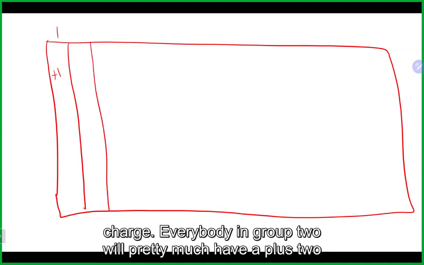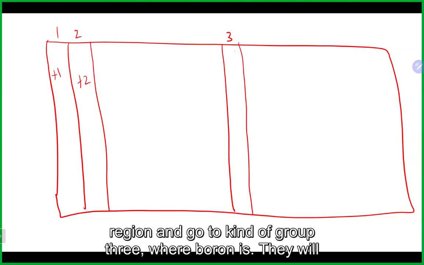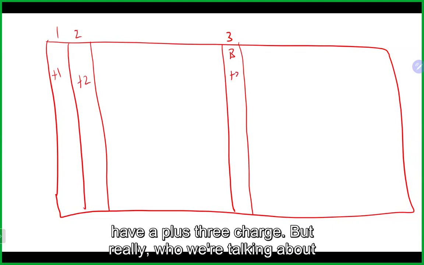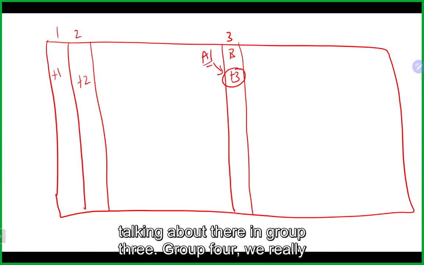Everybody in group 2 will pretty much have a +2 charge. We skip over the transition metal region and go to group 3 where boron is. They will have a +3 charge, but really who we're talking about here is pretty much aluminum in group 3.